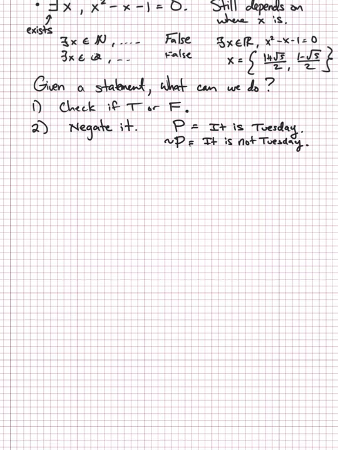Okay, so this negation is true precisely when P is false. Okay, so that's what I mean by negation. They're never at the same time true for anything that you can verify.